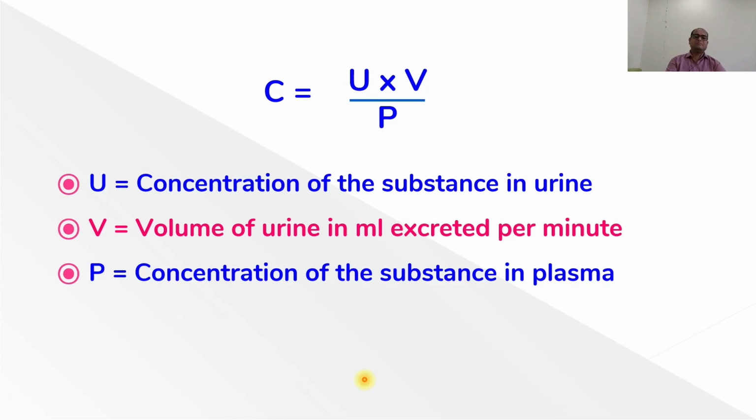For that, there is a simple equation: clearance C is equal to U into V upon P, where U is the concentration of the substance in the urine, V is the volume of urine in ml per minute, and P is the concentration of that substance in the plasma.